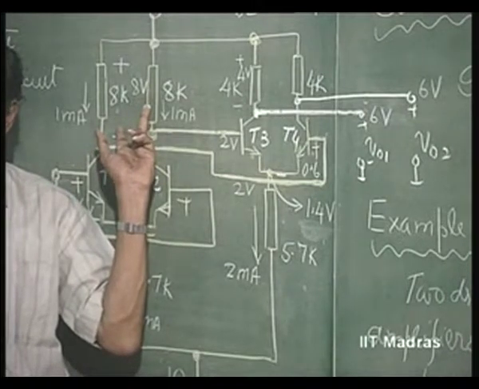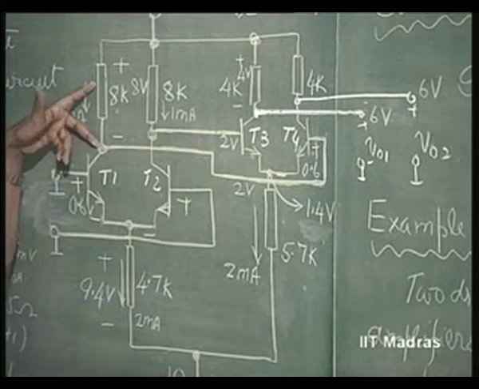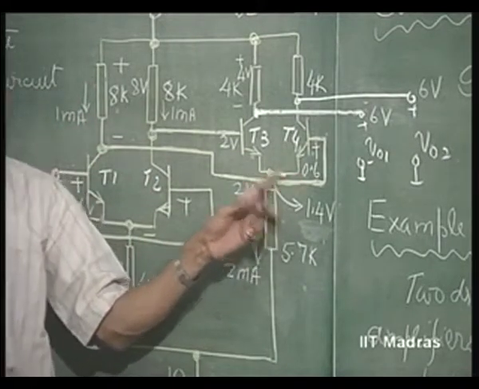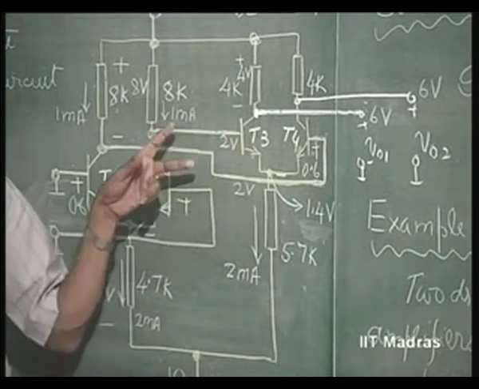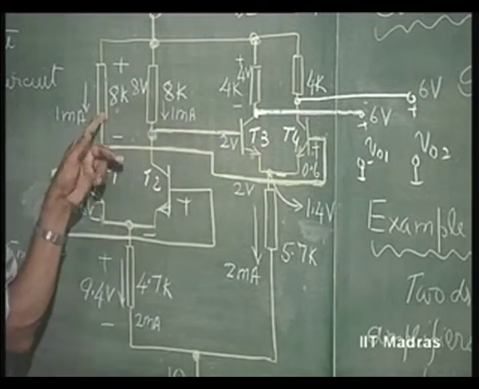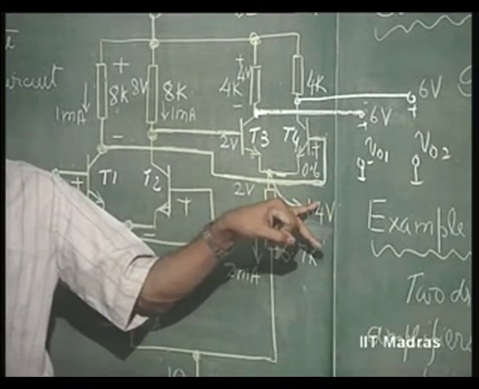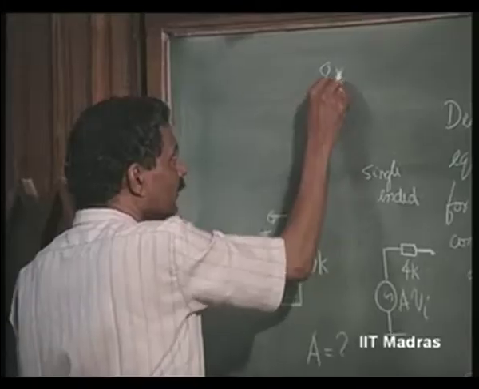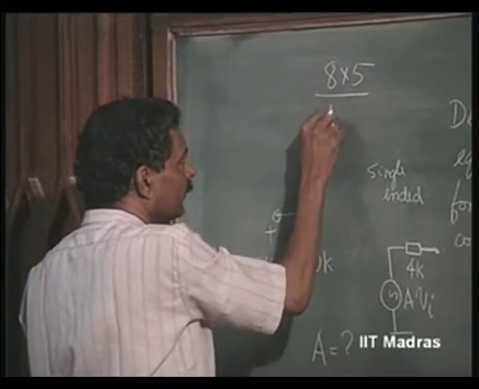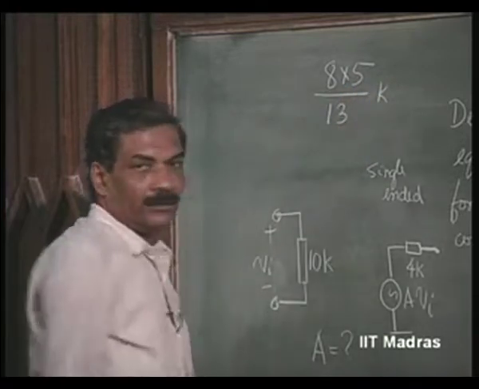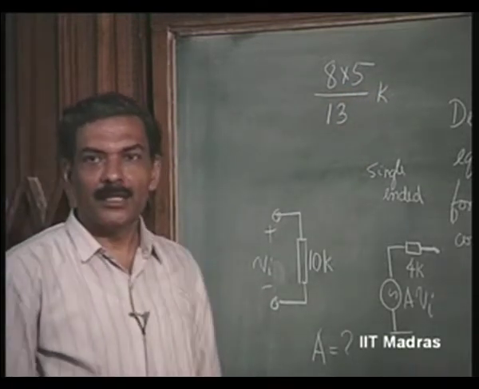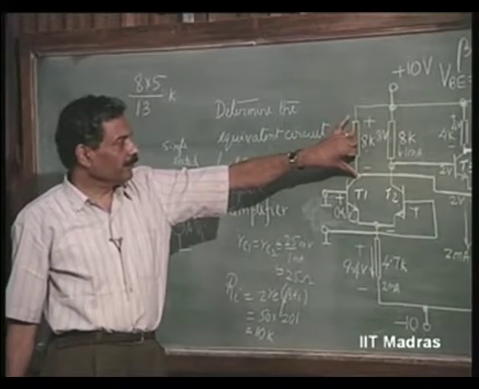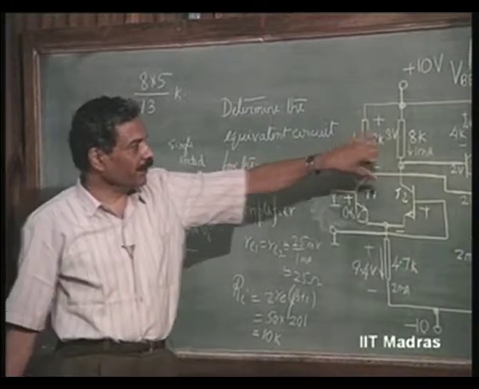This is the differential impedance. Or 8K is going to shunt 5K, 10K is going to shunt 16K, or 8K is going to shunt 5K. So, 8K shunted by 5K, this is the impedance which can be replaced using the effective impedance at this point, 8K shunted by 5K.